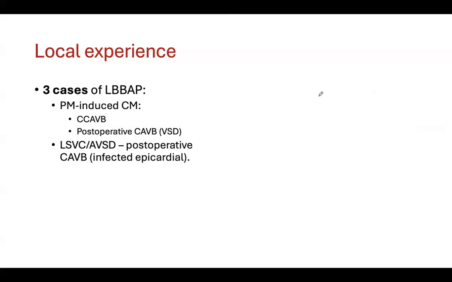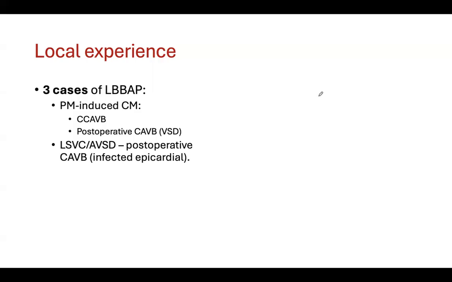The second case was post-operative complete AV block with VSD, who initially had a dual chamber implant, developed pacemaker-induced cardiomyopathy, and then had epicardial CRT, but the epicardial lead got fractured. Then we implanted left bundle branch area pacing in that patient, and his function is good.